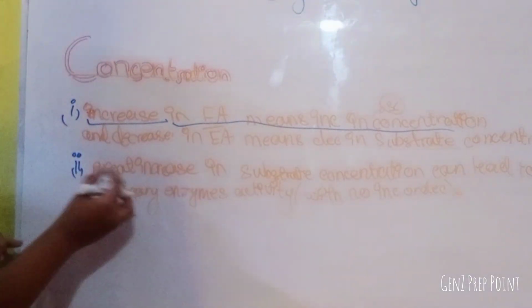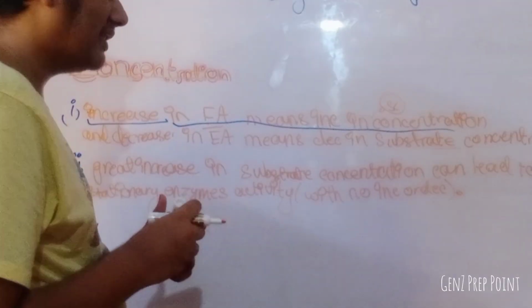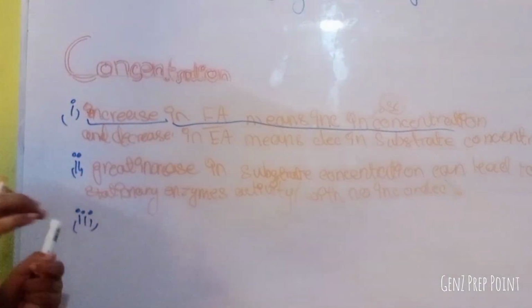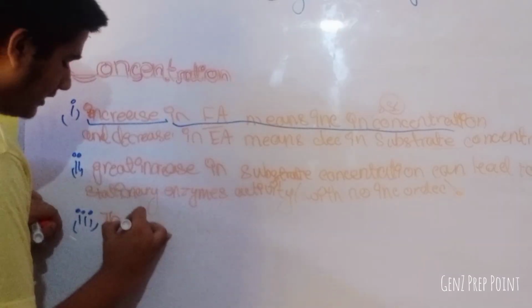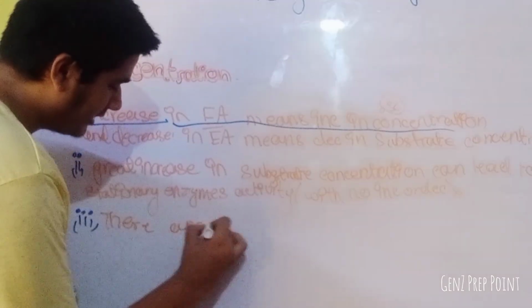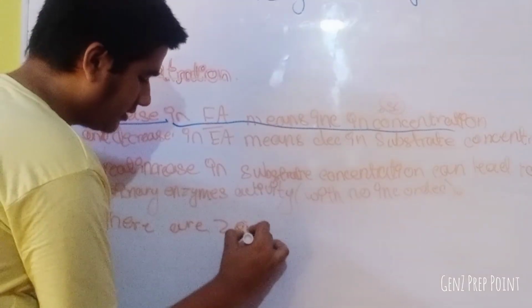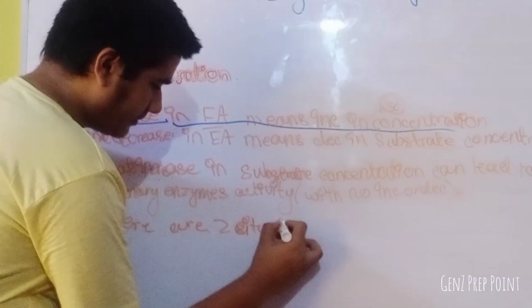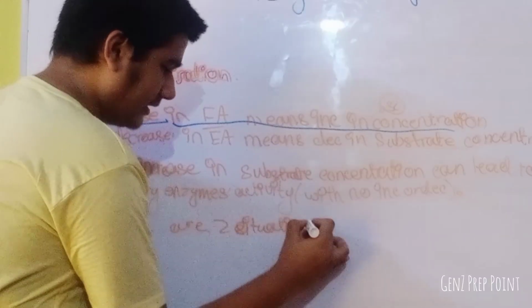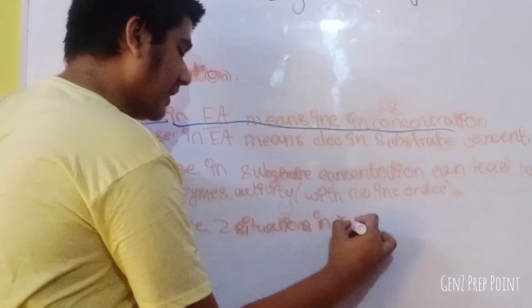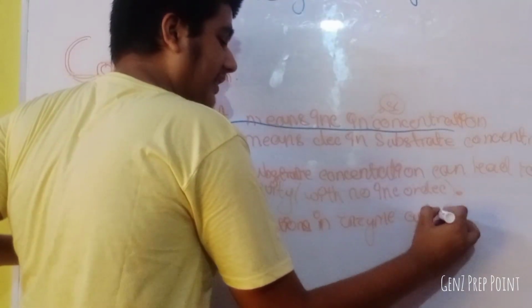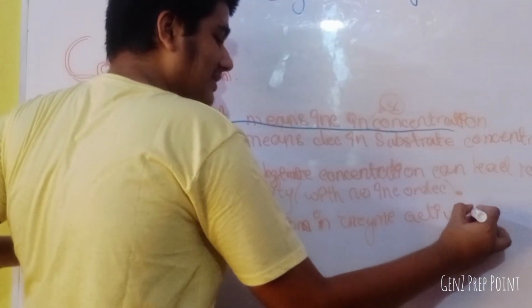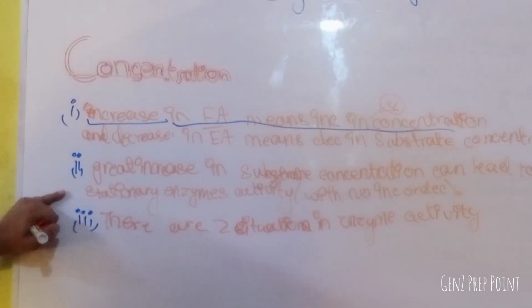So this means there is a stationary enzyme activity with no increase and no decrease. There are two situations in enzyme activity. What are the two situations? One is the increase and the decrease, the second one is the stationary.